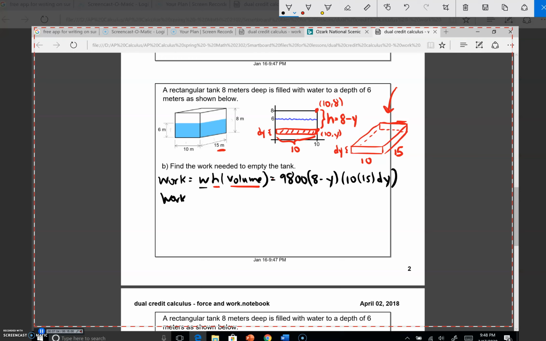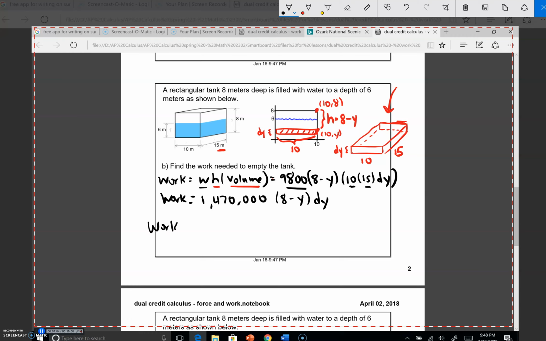And if you do a little bit of simplifying there, you should end up with 1,470,000 times (8 minus y) dy. So if I multiply 9,800 times 10 times 15, I'm going to get the 1,470,000.